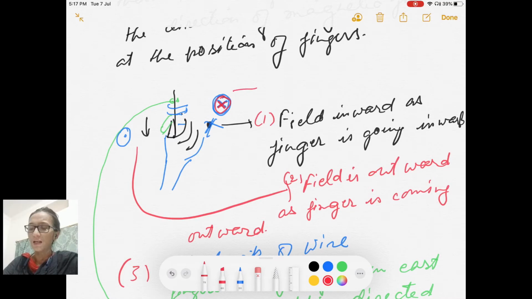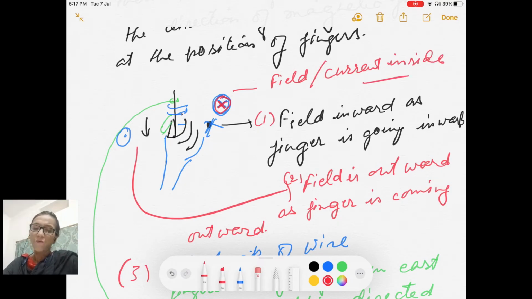So this cross mark is shown by two things: a field inside or current inside. Now the field and current coming outside is shown by a dot mark surrounded by a circle.